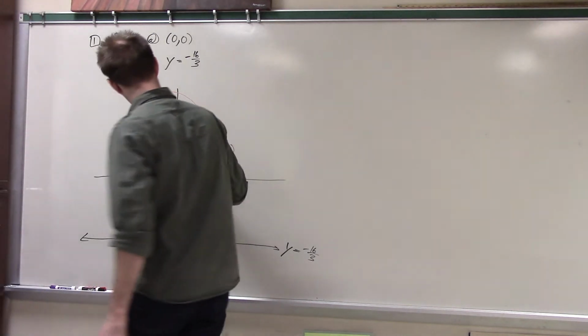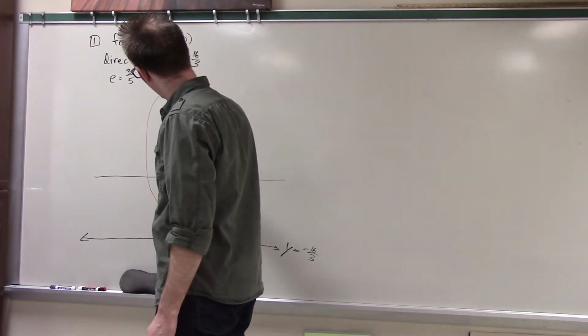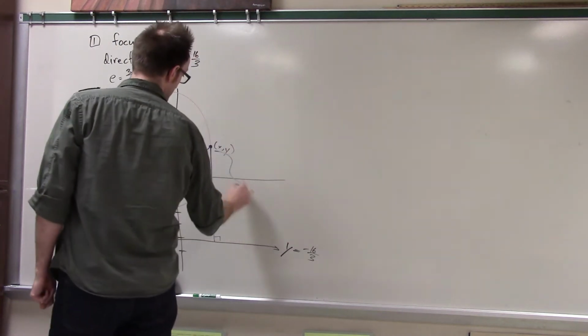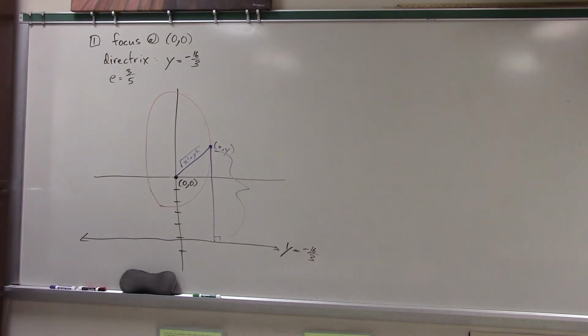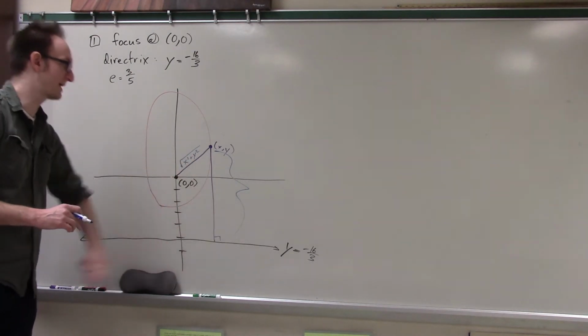So this distance is root x squared plus y squared, and this distance is, what is it? D plus y? Yeah, kind of, but actually I know what d is, right? The directrix is like negative 5 1/3 below the x-axis.